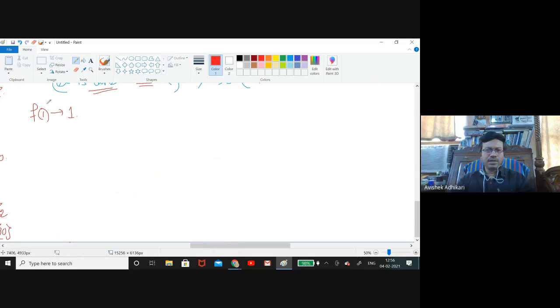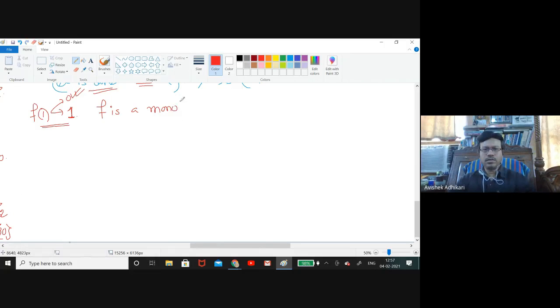That was our initial assumption. Two cases were there. The zero case we have already done. Now the case we are dealing with is where 1 is sent to 1. First we will show that if this function satisfies this property, then f is a monotone function.